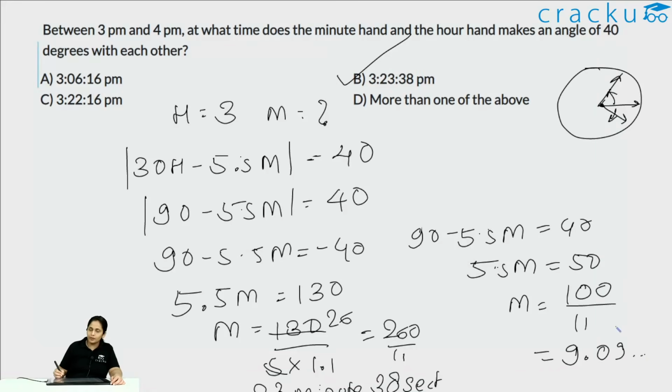So this is 9 and 1 by 11 minutes, and 60 by 11 seconds would be 5 seconds. So basically 9 minutes 5 seconds. None of the other two options are at 9 minutes 5 seconds, so only one option is valid, which is option B. As you could see, once I had this formula, solving this became very easy. So remember this formula: modulus of 30h minus 5.5m.